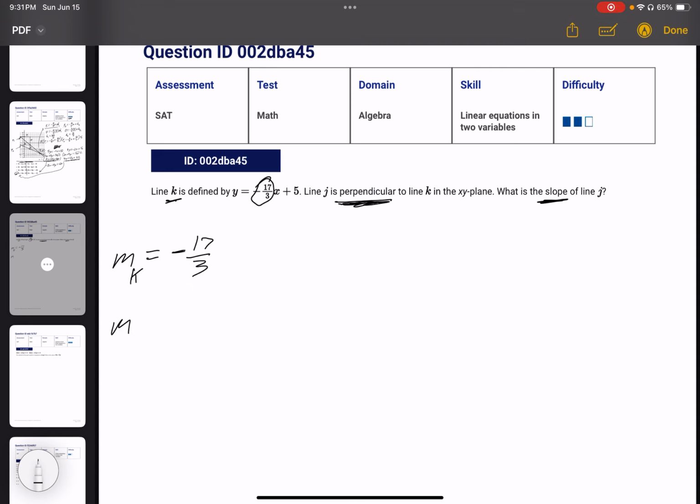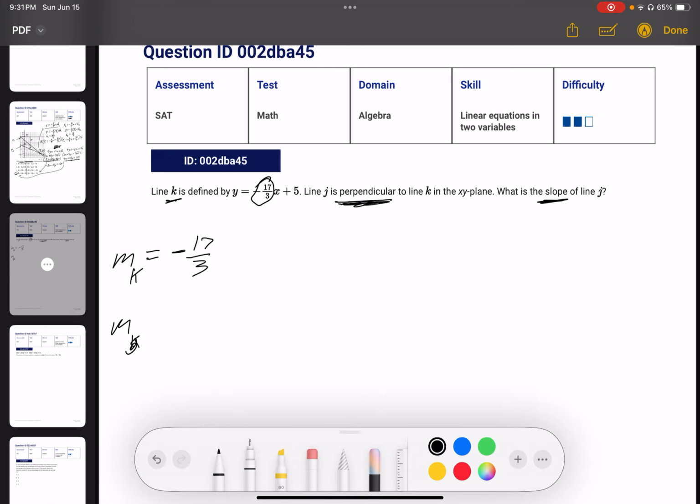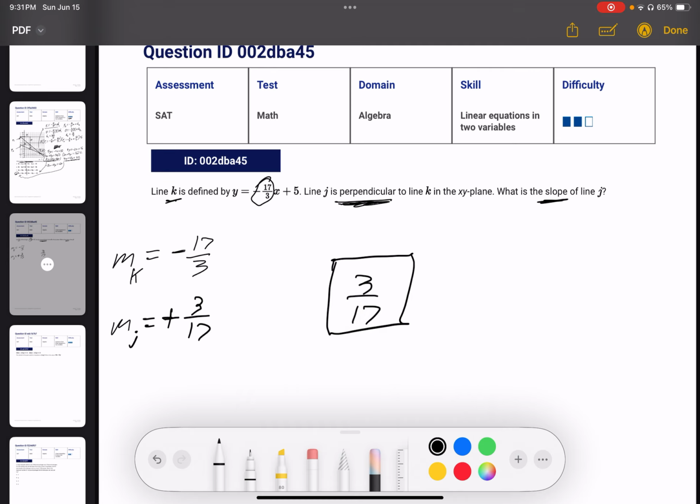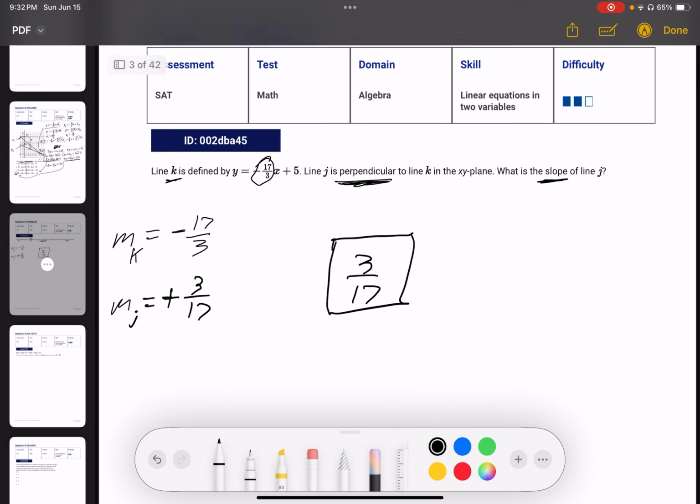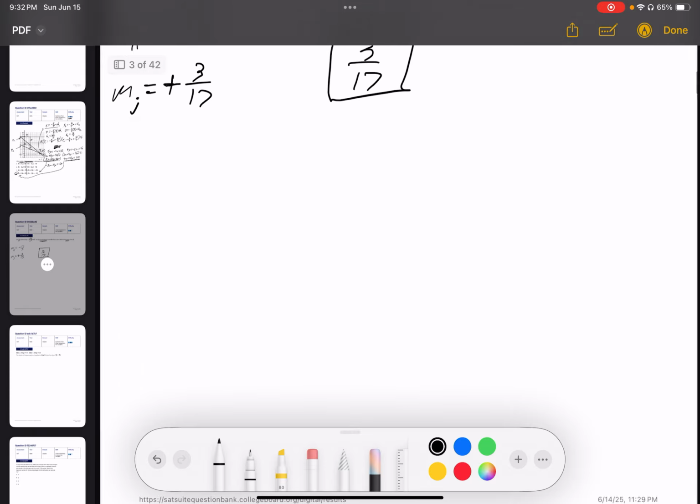So the perpendicular slope, m subscript j, is equal to the opposite in sign, so we're going to have positive, and then flip the fraction, 3 over 17. So our answer here is just going to be 3 over 17. This is a fill-in question, so there's no answer choices, but 3 over 17 is our answer for that.